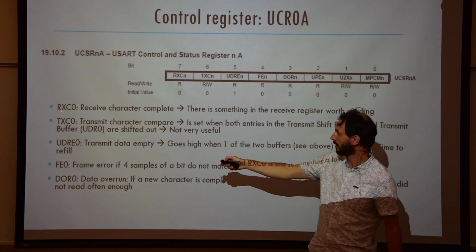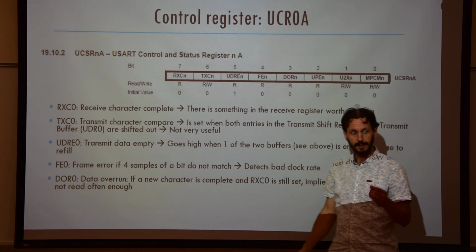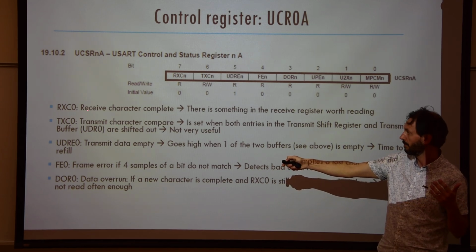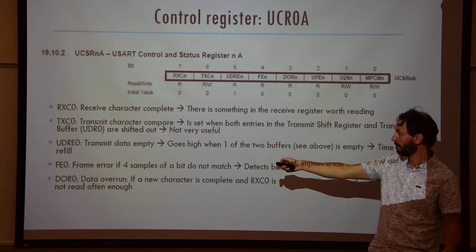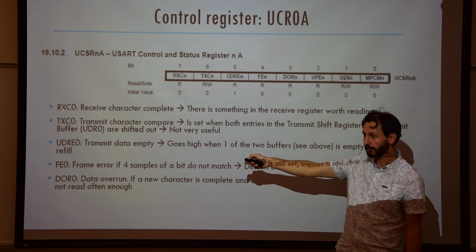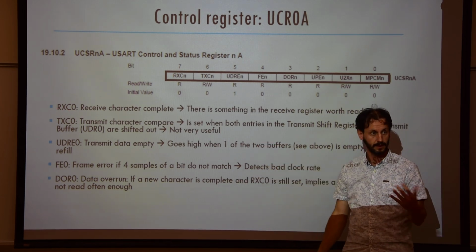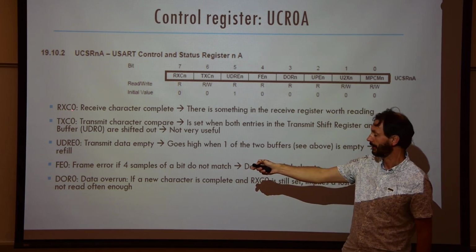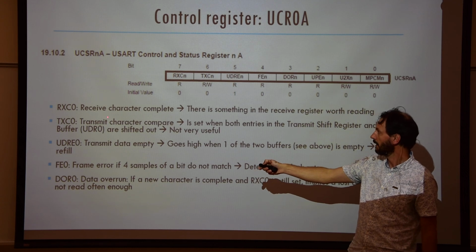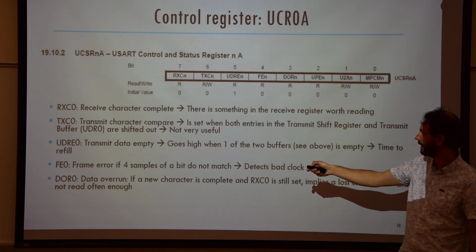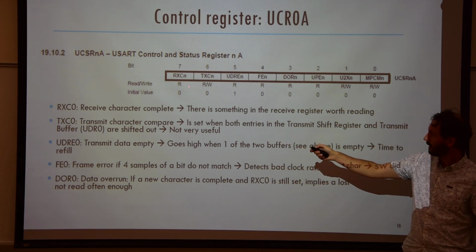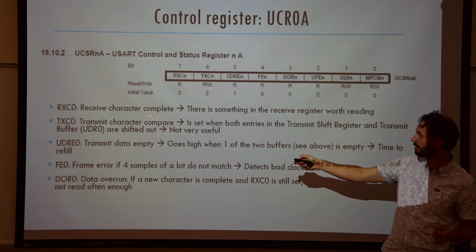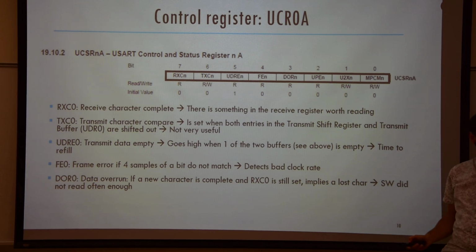So when I'm talking about RXC0, I really mean here the semantic meaning, but in your program, RXC0 has the constant value 7. That's it. So the position indicated by RXC0, 7, that position in this register is having a bit that indicates whether a received character is complete. That's what is going on.